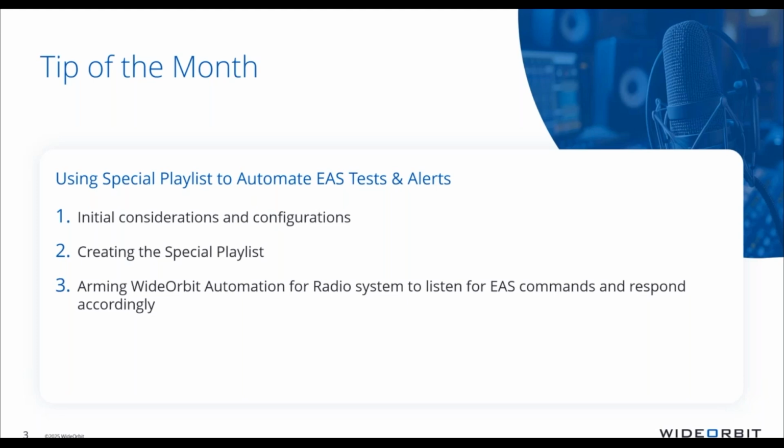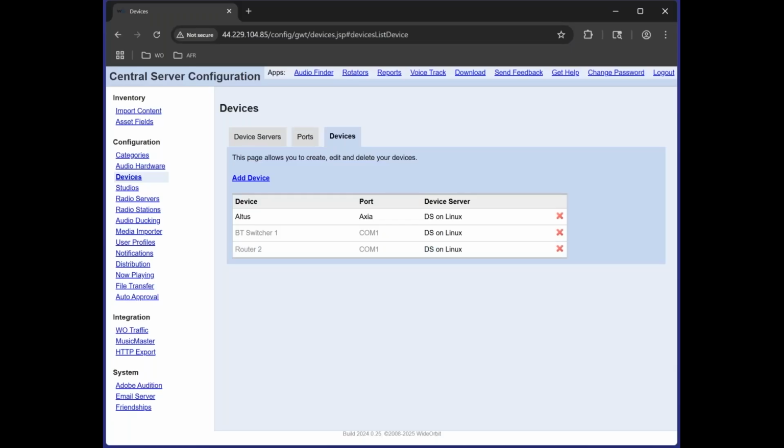So when we talk about initial considerations, as I switch screens, it's going to take me a second to catch my breath here. Here we go. All right, let me make sure that that's coming through for you. Okay, if you are using a Sage EAS encoder or codec, then you may want to follow in the Wide Orbit Automation for Radio user manual.